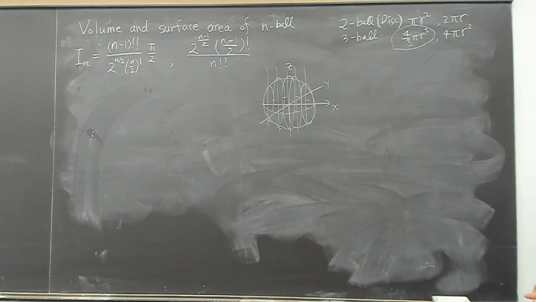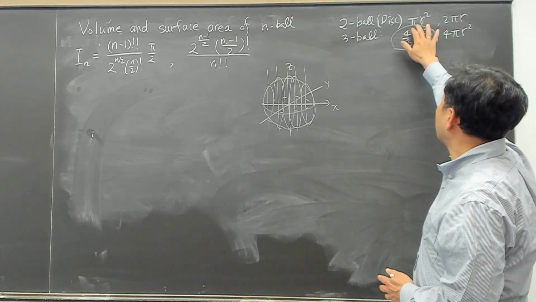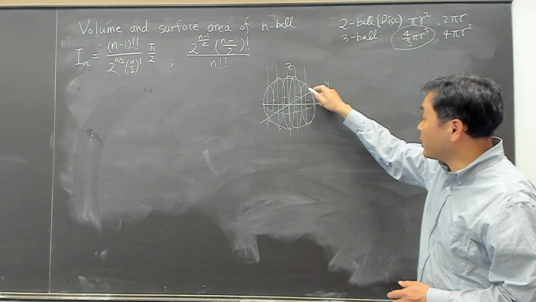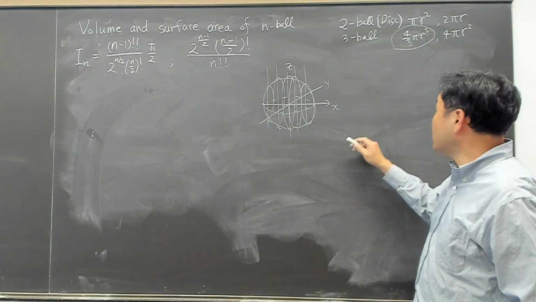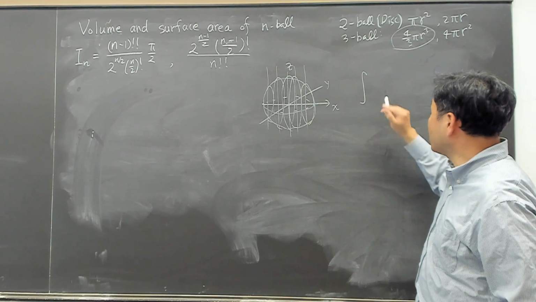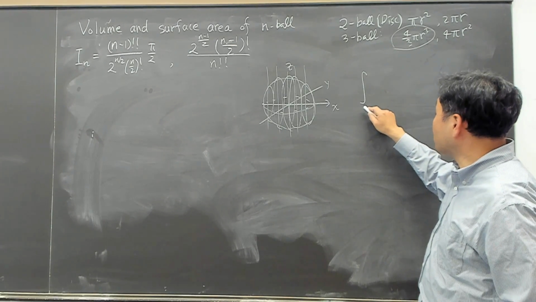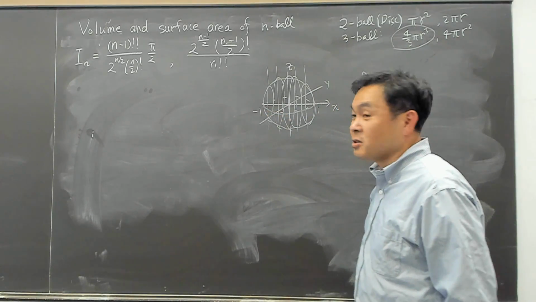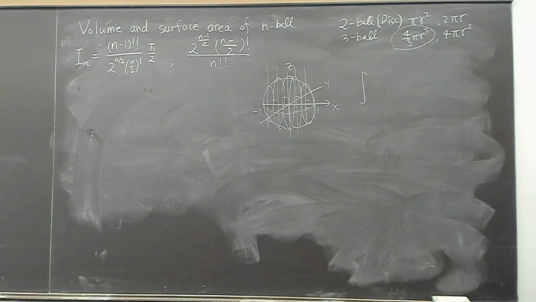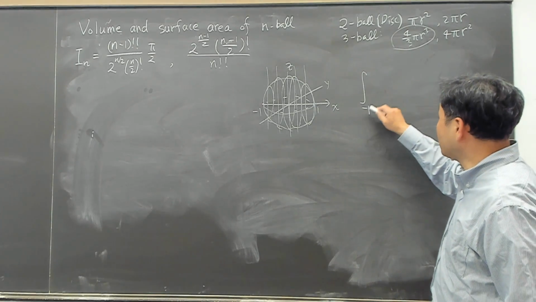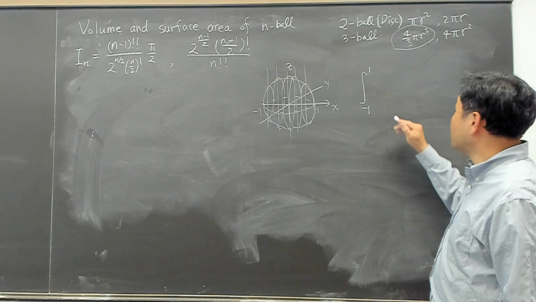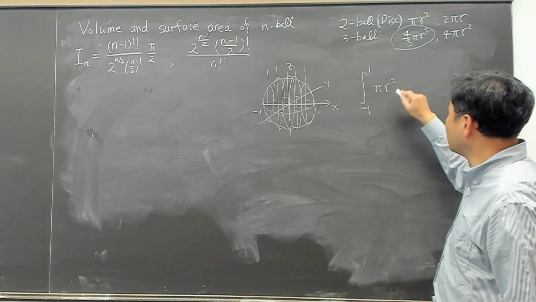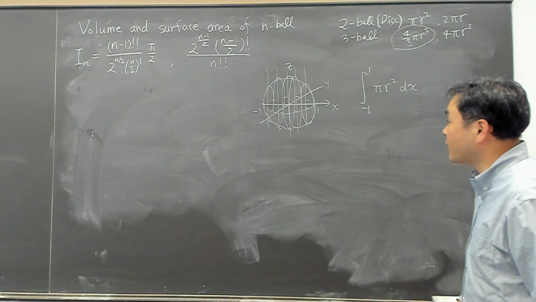So if we know that the formula is pi r squared for the area of the two disc, then we can say you integrate from x going from, well, let's make it simple and make it go from negative 1 to 1. So you can integrate from negative 1 to 1 of the pi r squared dx.